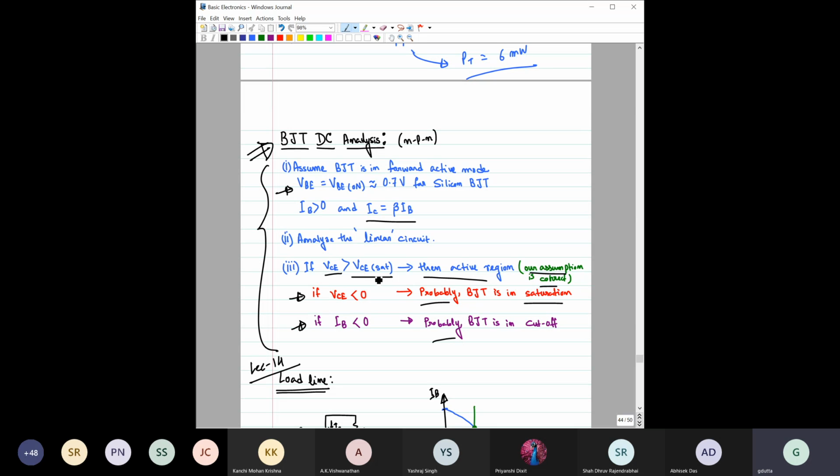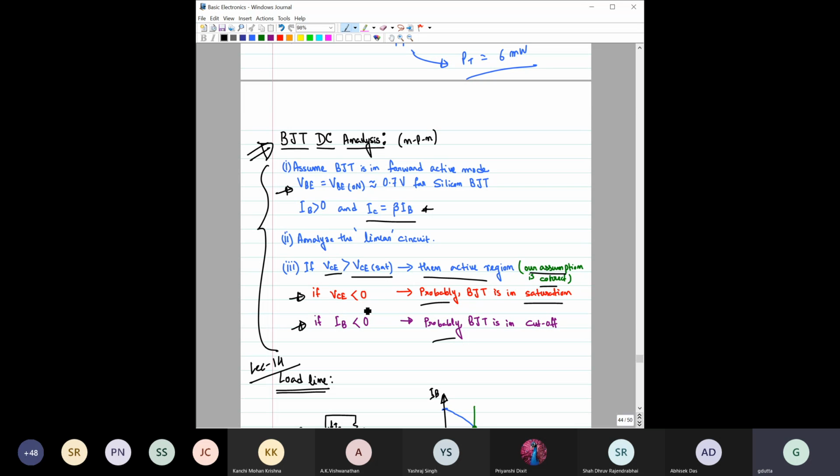If this V_CE is greater than V_CE sat, which is around 0.2 volt, then it is in the active region. And if we get the result that V_CE is greater than V_CE sat, then obviously our assumption is correct. Then we can proceed with the formula IC equal to beta IB and calculate the required voltage drops after finding IC.